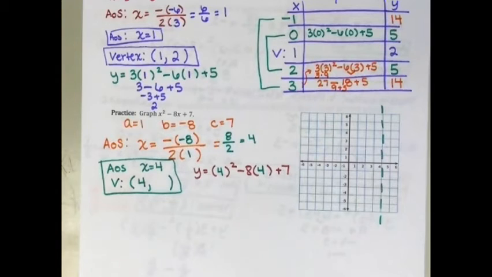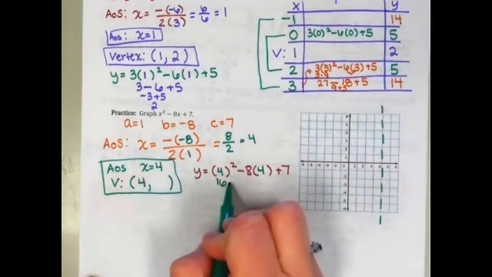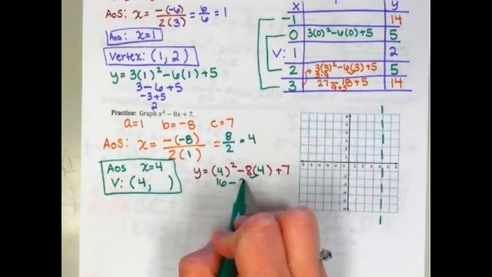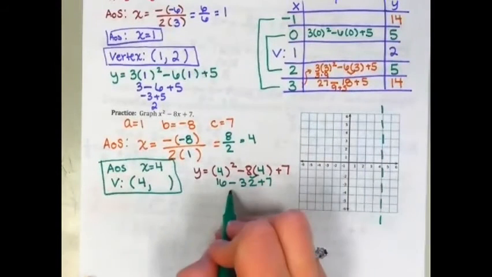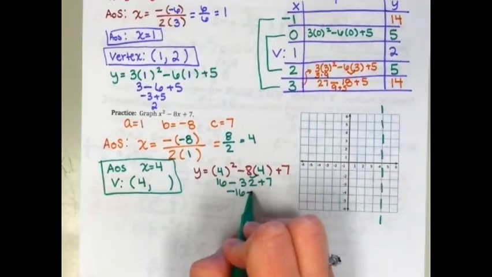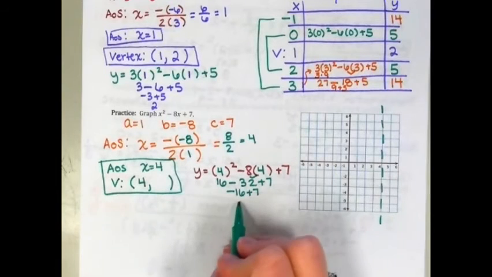Four squared is 16 minus 8 times 4, 32, plus 7. What's 16 minus 32? Negative 16. And negative 16 plus 7? Negative 9.